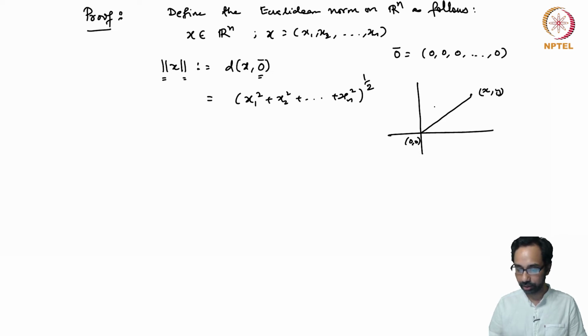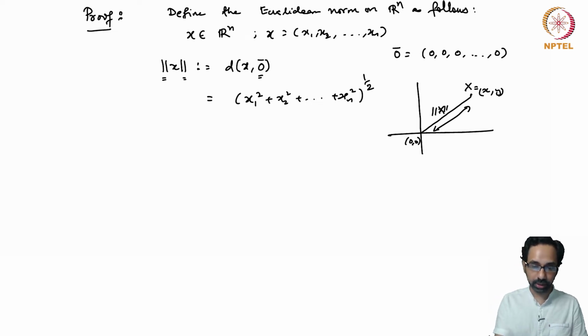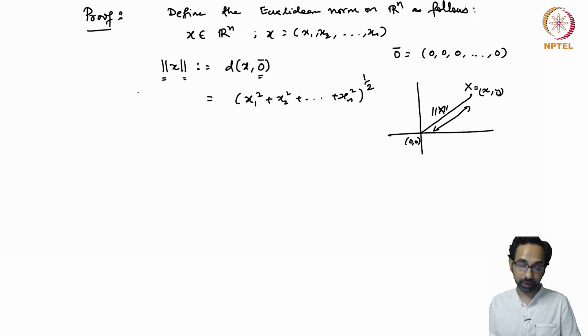Then the norm of this point, capital X, is just this distance from the origin, the straight line distance. So we will use this norm to prove the fact that our function d is a metric function on R^n.